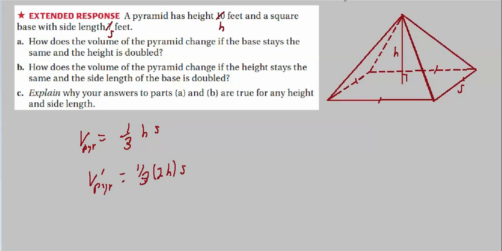That pyramid has volume 1/3 times 2h times s, which equals 2 times 1/3 hs, or 2 times the original volume. So what it did was it doubled the volume.